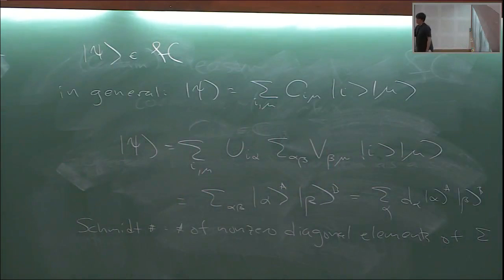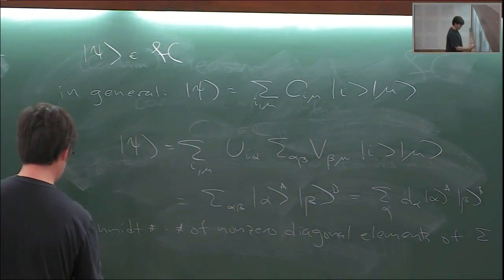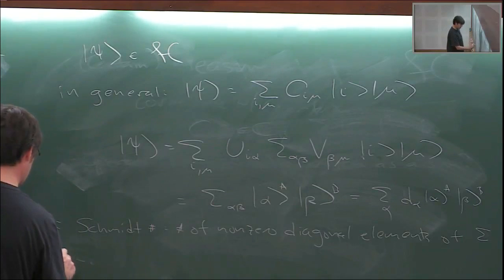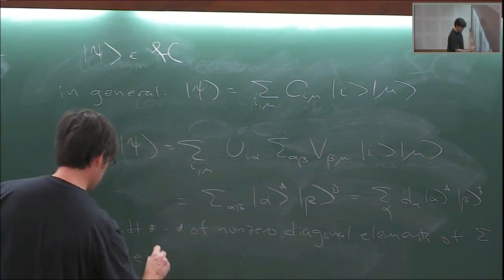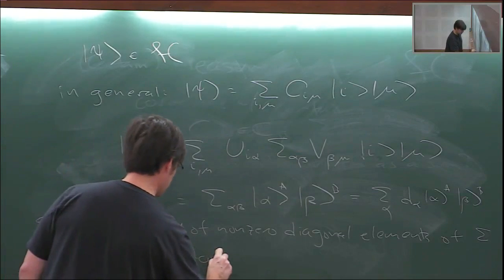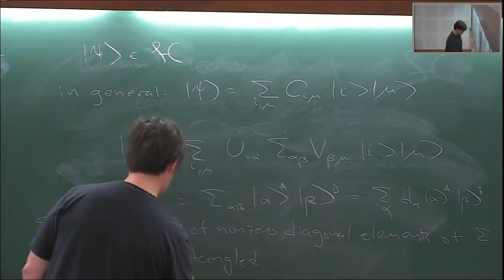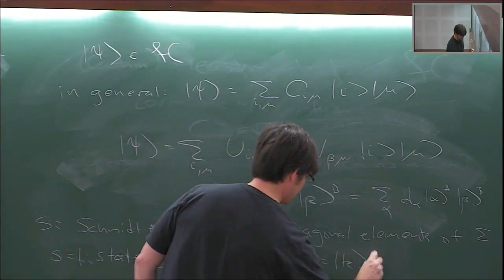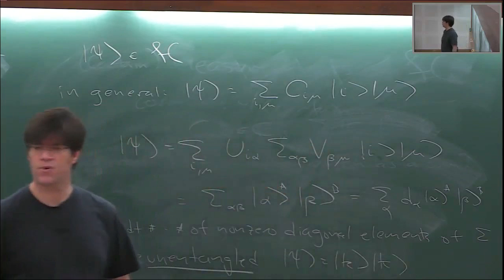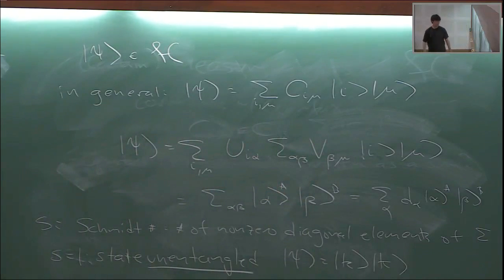Okay. Can always do this, and then let me call it S: if S is equal to 1, the state is unentangled, because psi is just this product. Otherwise, it's entangled.